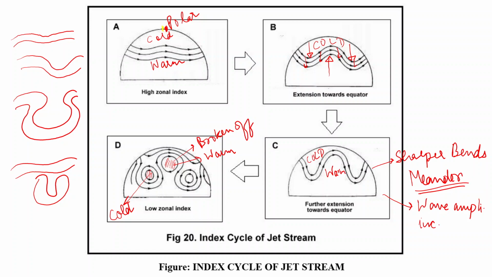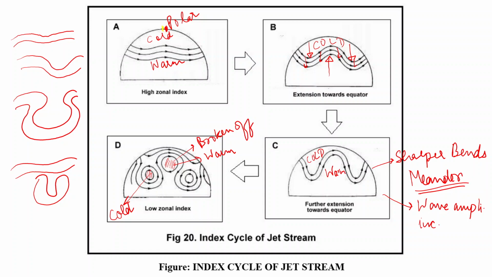So here in these four stages, the first stage, that is the high zonal index, is very simple, where the jet streams simply flow parallel to the latitude. Till now you will not be able to see the bending or meandering patterns.